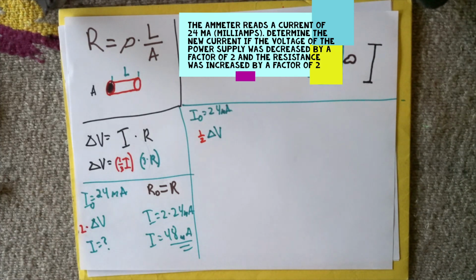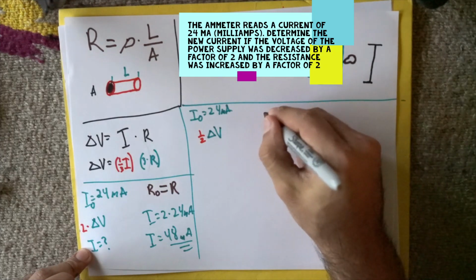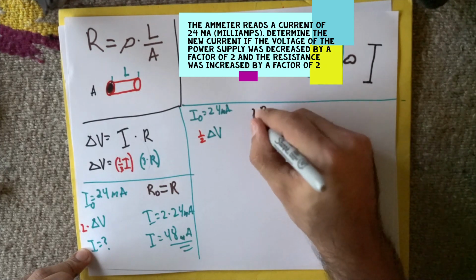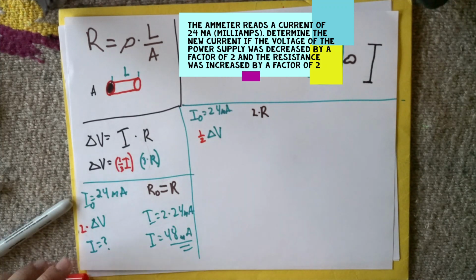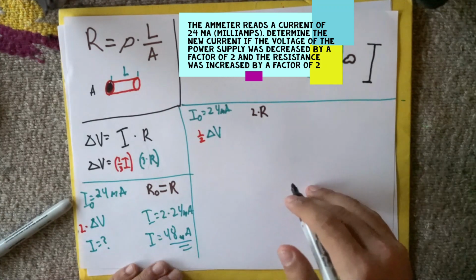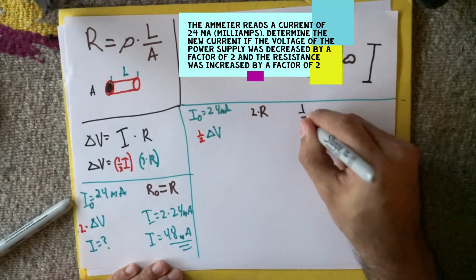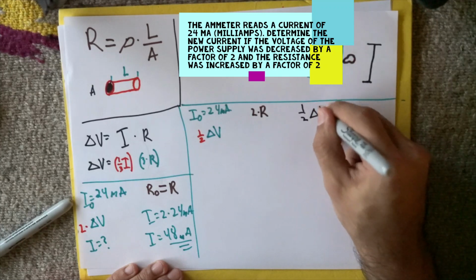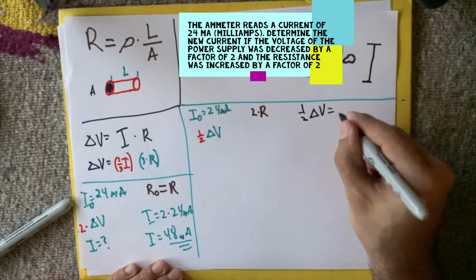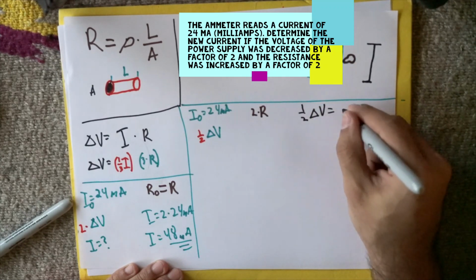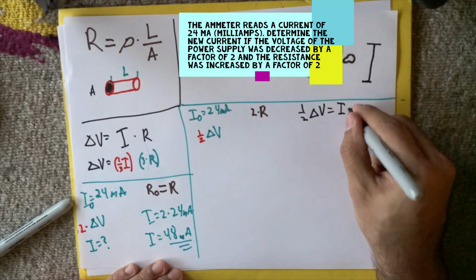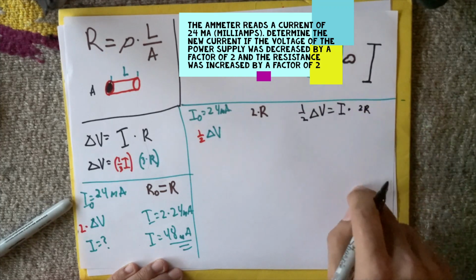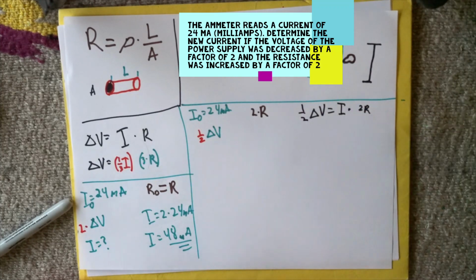So my new resistance is times 2. So let's just plug that into this equation. So if I have 1/2 V equaling some new I, which I don't know, times 2R, what happens to this current?